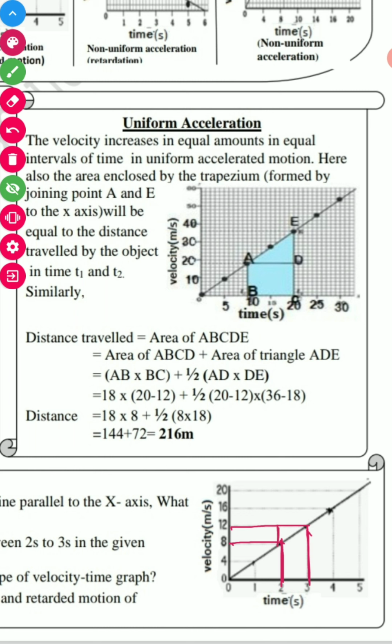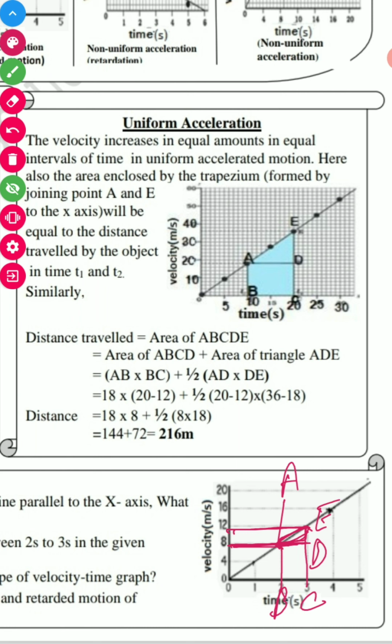Okay, I'll just mark this 2, this 3, and from there we have this. So this is the figure we have. By plotting parallel lines to the x-axis and y-axis, we will have this A point, B point, C point, D point and E point.